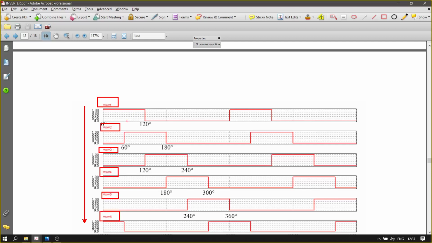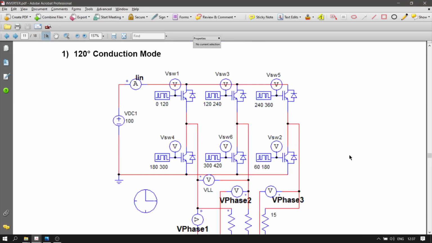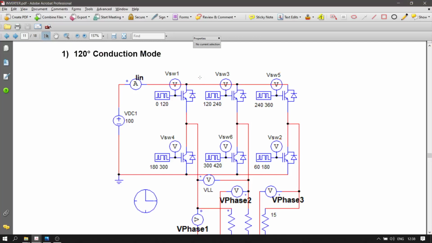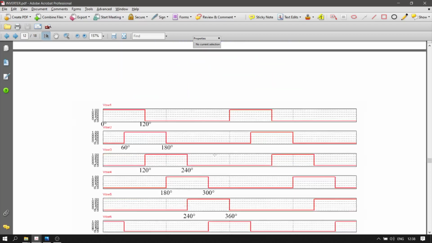If you do not arrange according to the labeling just now, you mix up the pulses, then your inverter will not function as what you want. You won't get that 120-degree conduction mode inverter. It is labeled in such a way so that you have a proper output voltage.